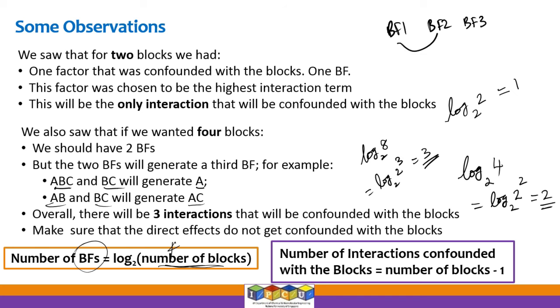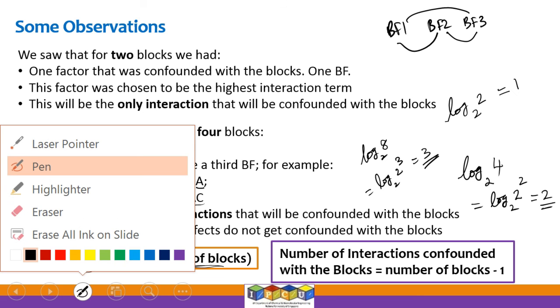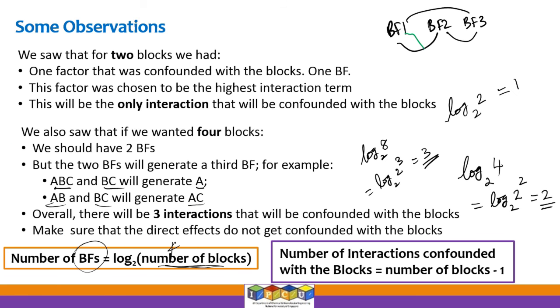Now BF1 and BF2 will generate a new blocking factor. BF1 and BF3 together will generate another blocking factor. BF2 and BF3 will generate another blocking factor, and BF1, BF2, BF3 together will have another blocking factor. So you will have the basic 3 plus the derived 4. So you will have 7 interactions that will be confounded with the blocks, and that is what this says.